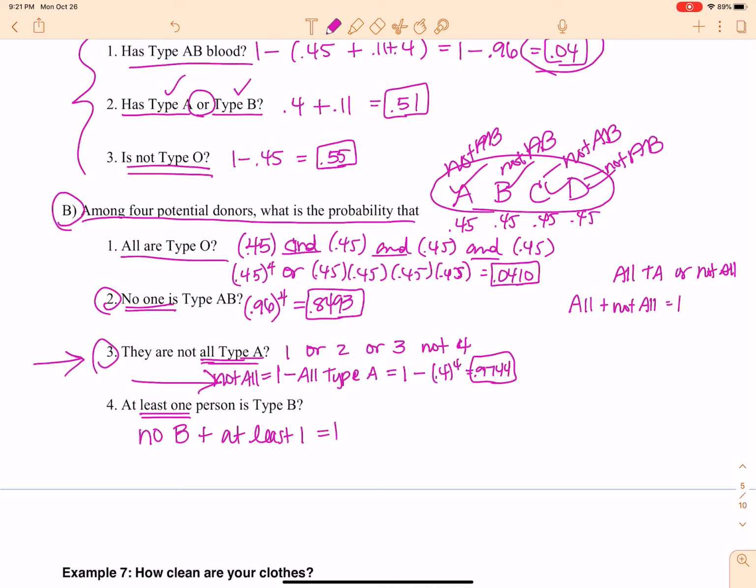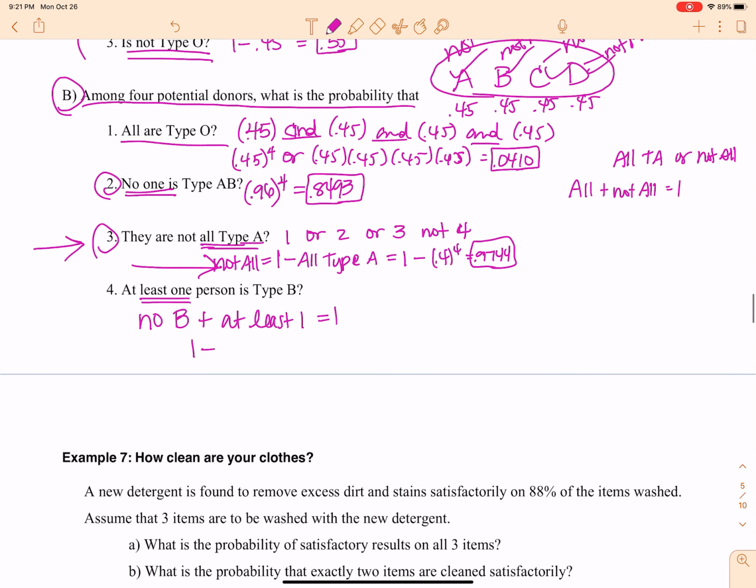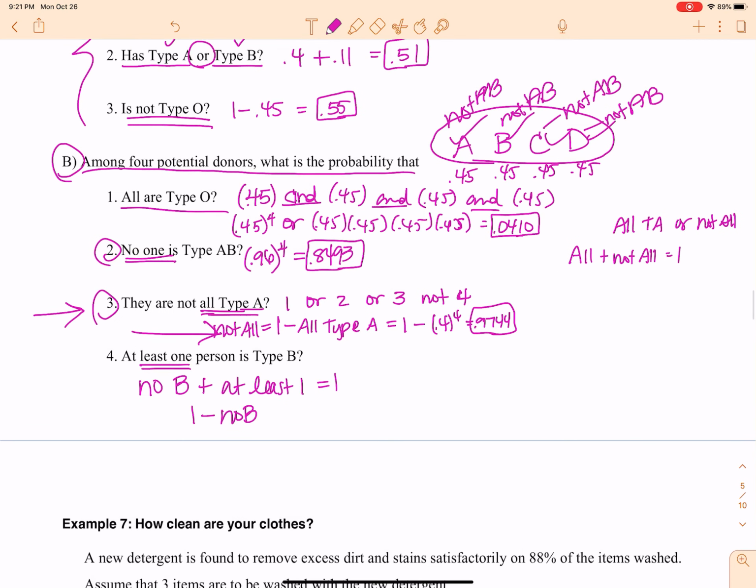If I take 1 minus no B's, it will give me at least 1. Think about what at least 1 means: 1 can have type B, or 2, or 3, or 4.